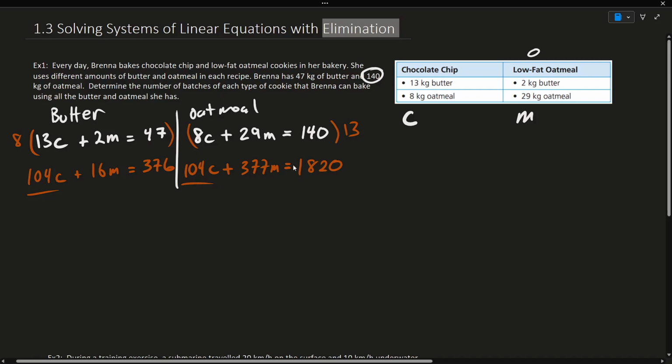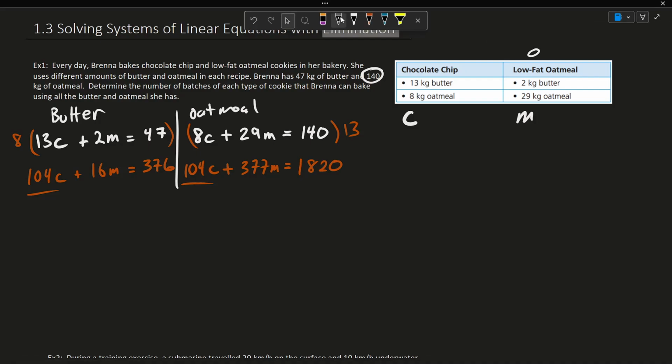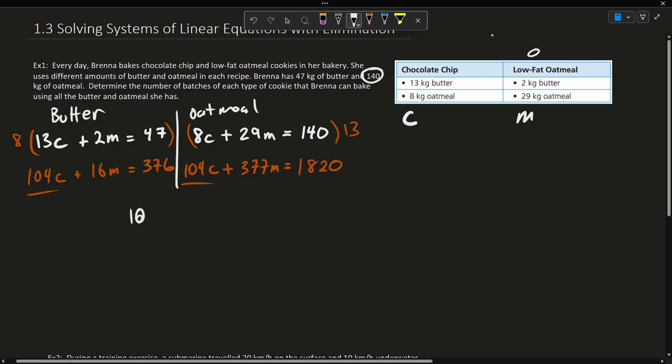I'm going to take these two formulas and write them one over top of the other. So I've got 104C plus 16M equals 376.